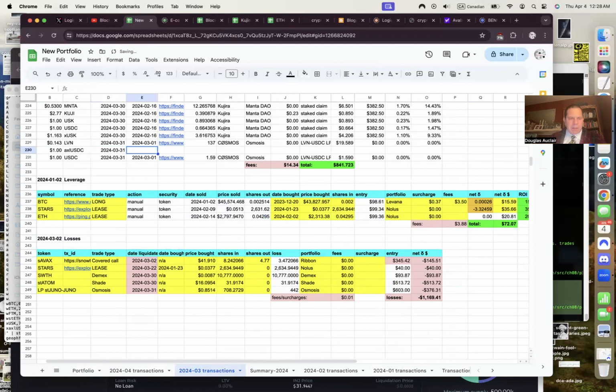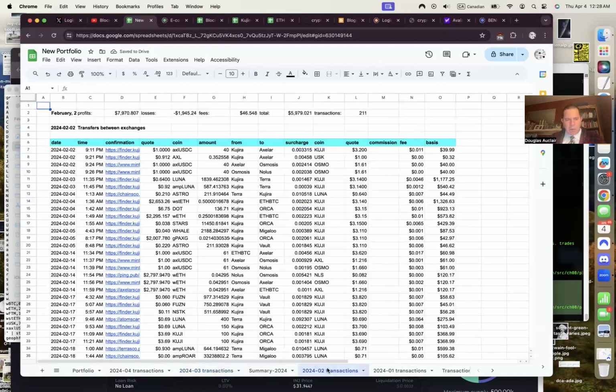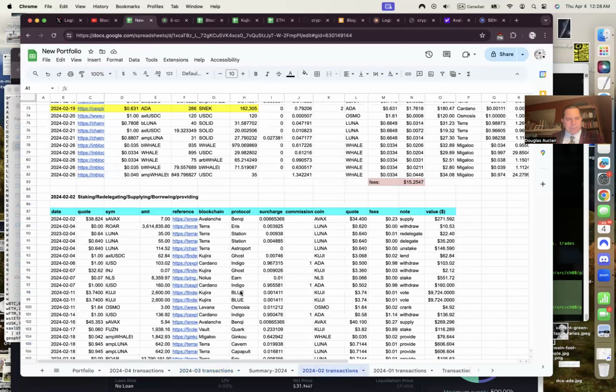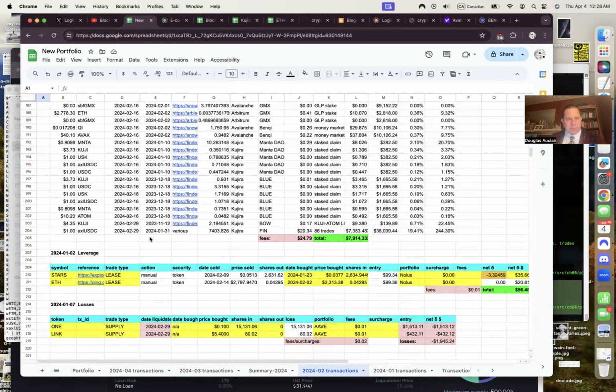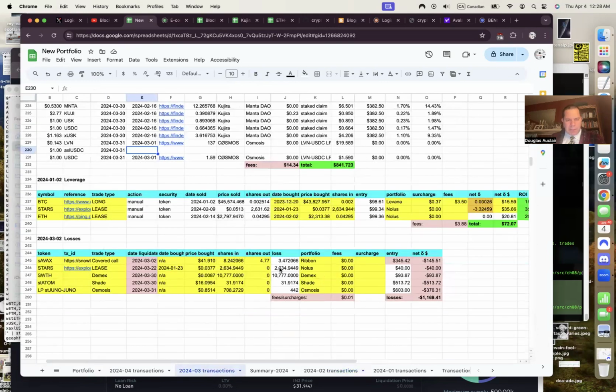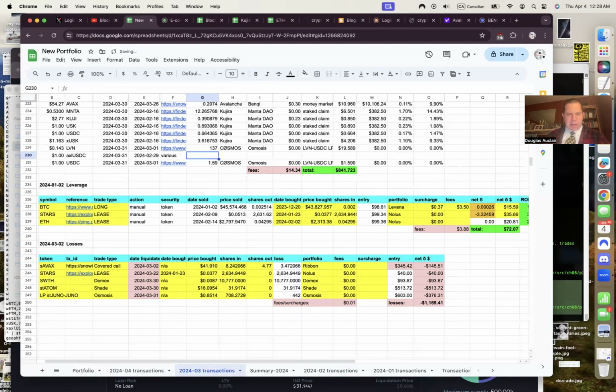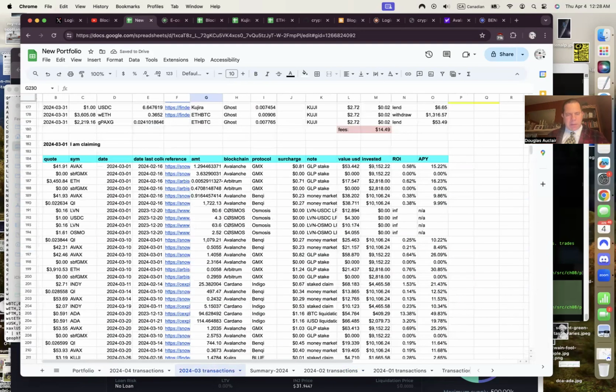At the end of the month, the last time I traded on Team Kujira Fin was the 29th of February, the leap year day. It's various transactions. And then, so let's record the information.